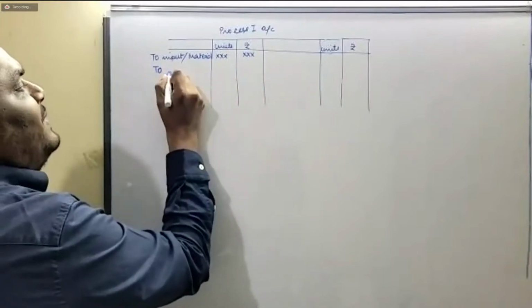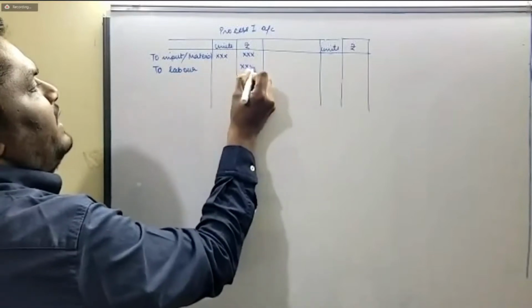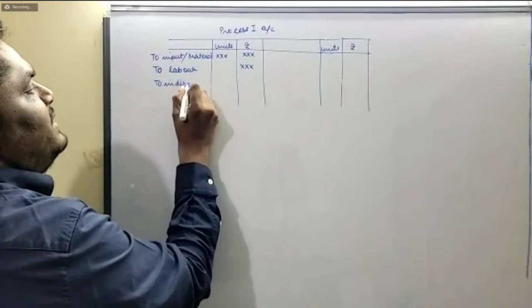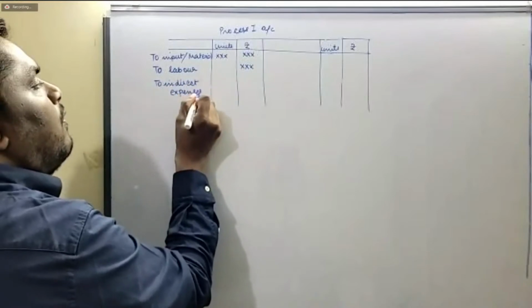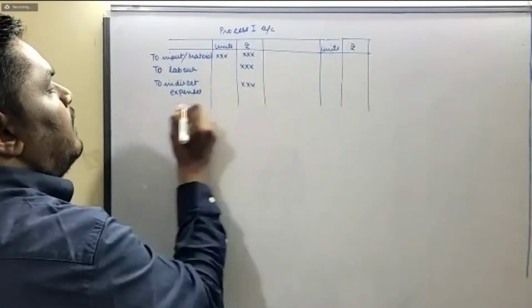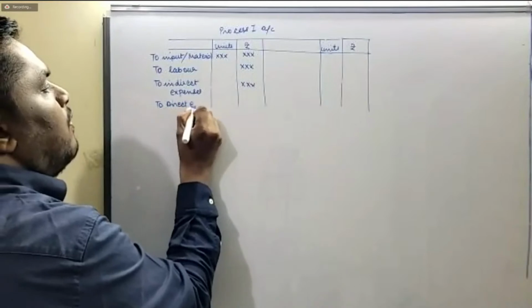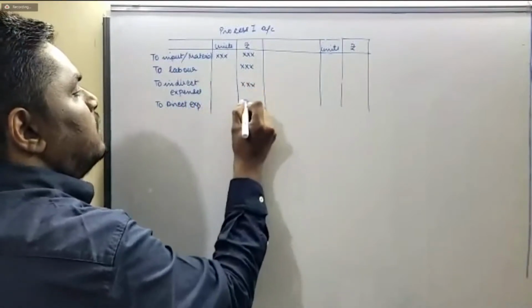Further, whatever expenses are incurred in the process will be recorded. That is, if any labor cost, if any indirect expenses, if any direct expenses, all will be recorded in this process account.